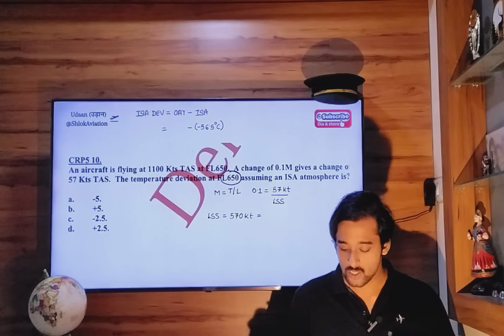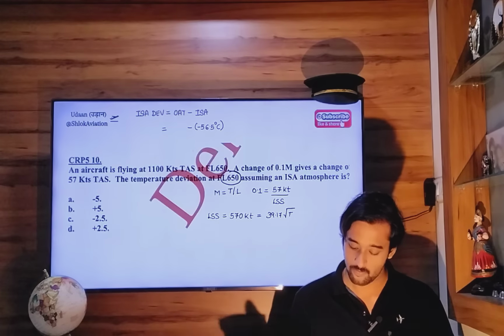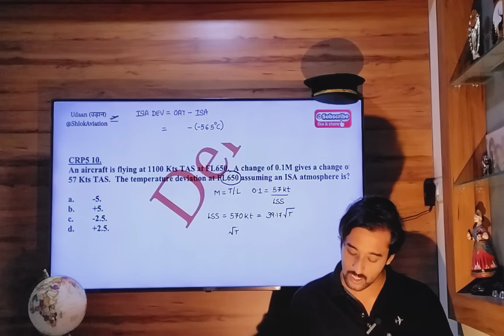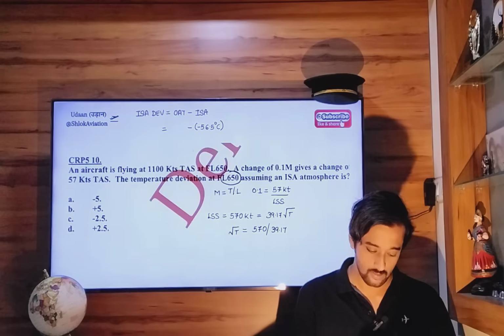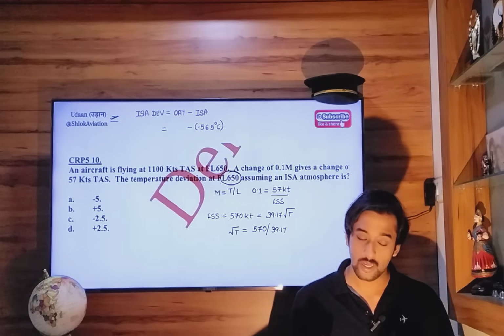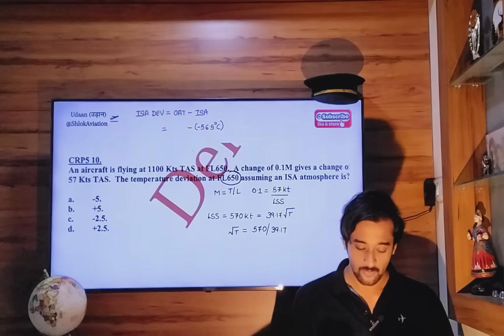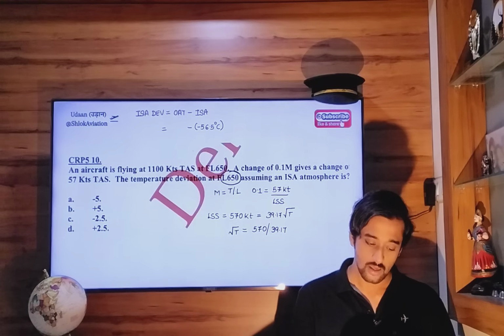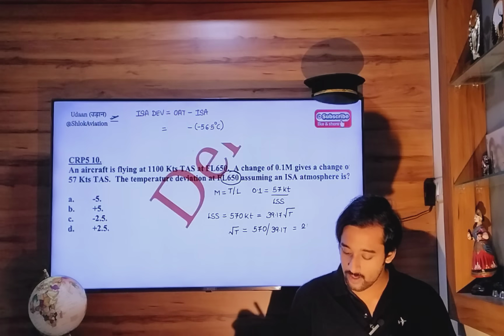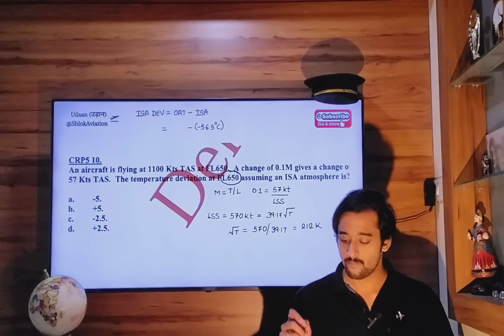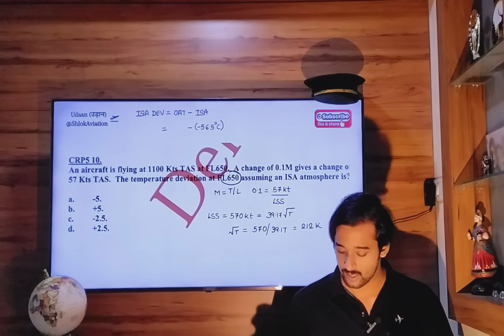Local speed of sound is 39.17 square root of temperature, so the square root of temperature equals 570 divided by 39.17, which is 14.55. Square that, 211.7 or 212 Kelvin. So temperature is 212 Kelvin.